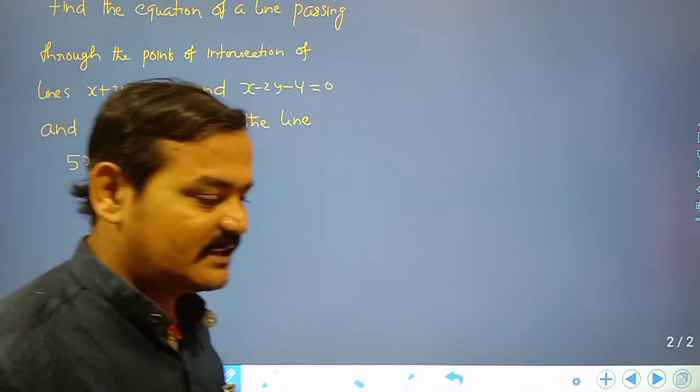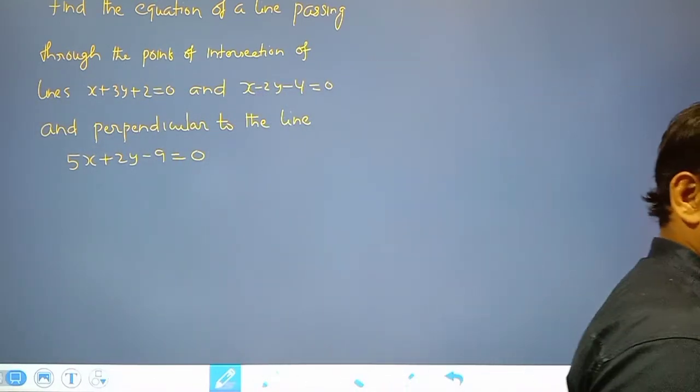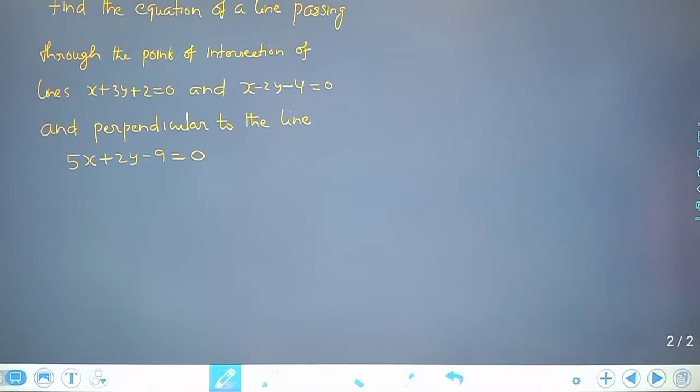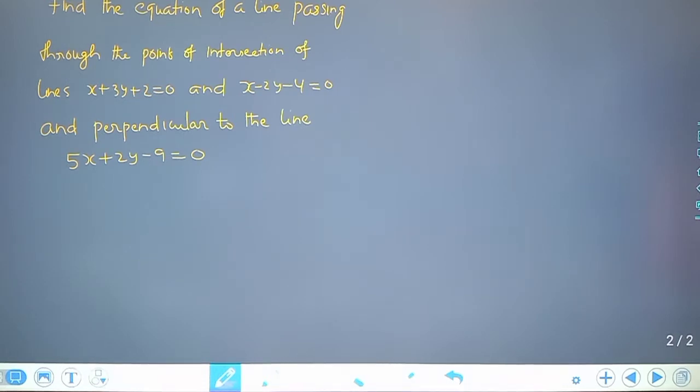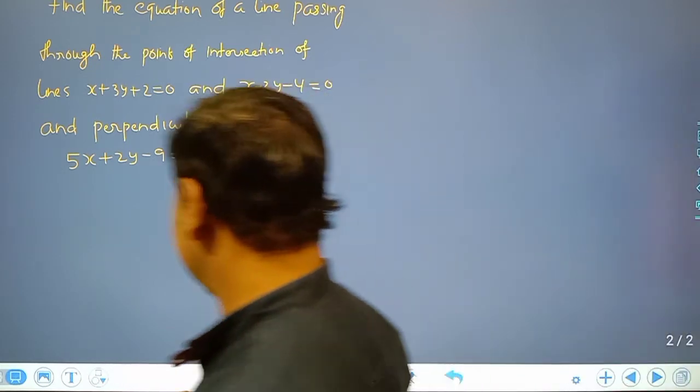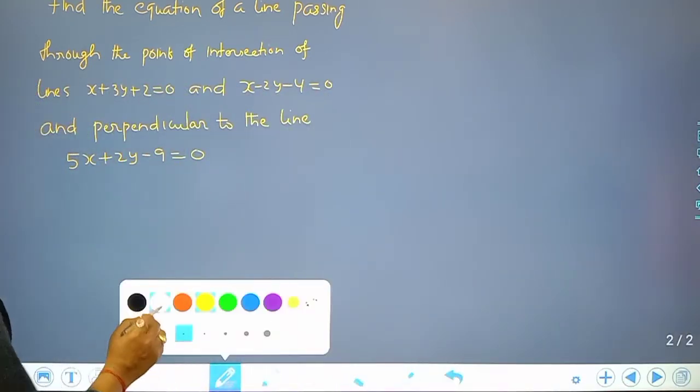What is the question? Find the equation of a line which is passing through the intersection of these two lines and perpendicular to the line 5x plus 2y minus 9 is equal to 0. This is the question given. Here you just draw the figure for this question.